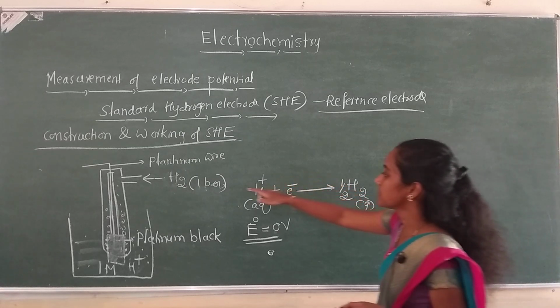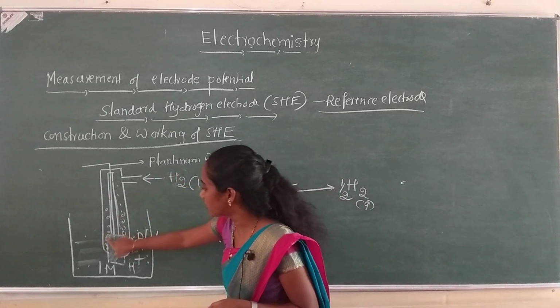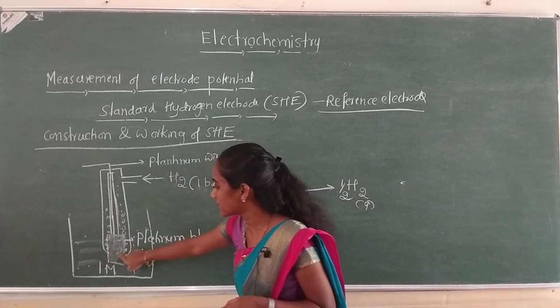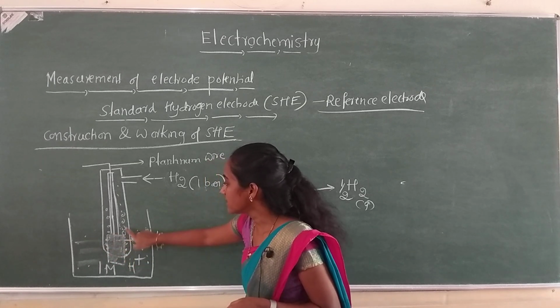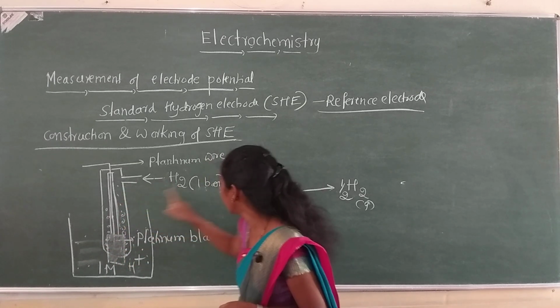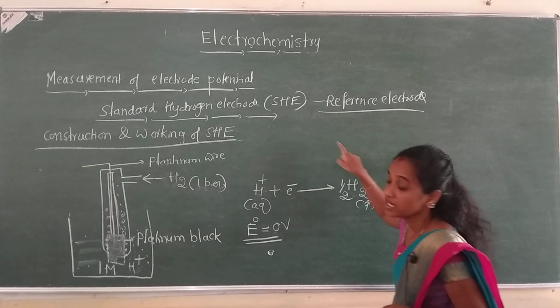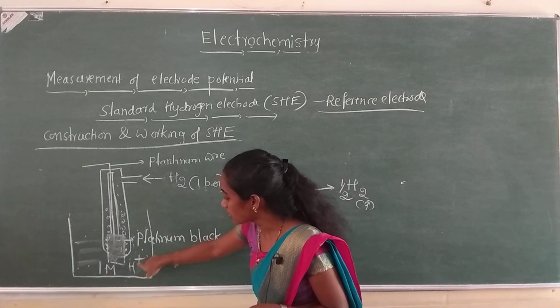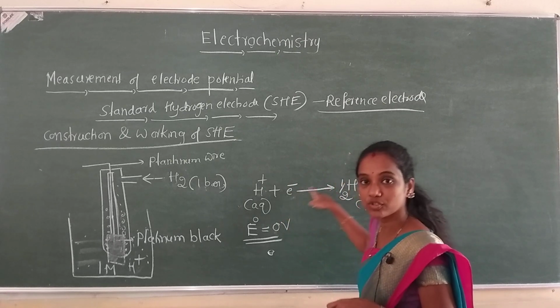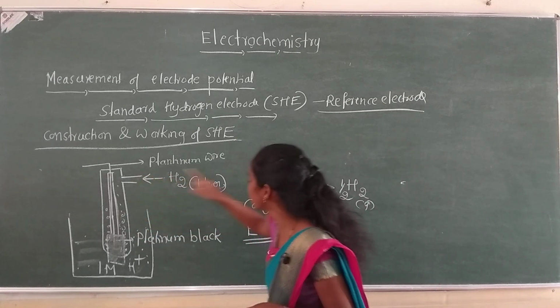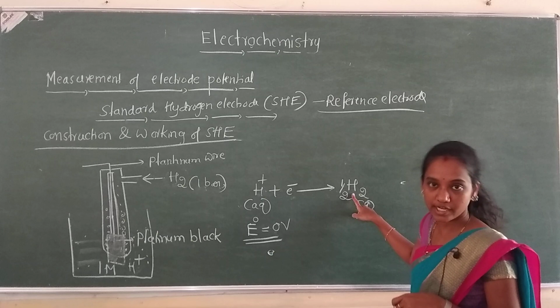After passing hydrogen gas, a part of the hydrogen gas is adsorbed on the platinum black, and then the H2 undergoes oxidation to form H plus. Again, the H plus ion in the solution accepts the electron and converts into the reduced form, hydrogen.